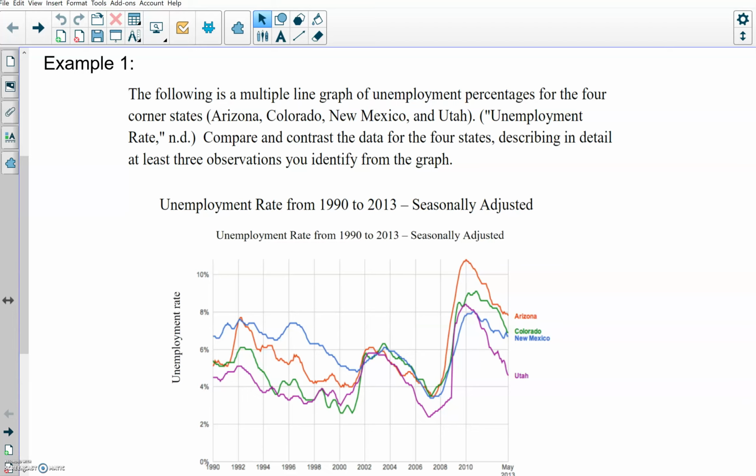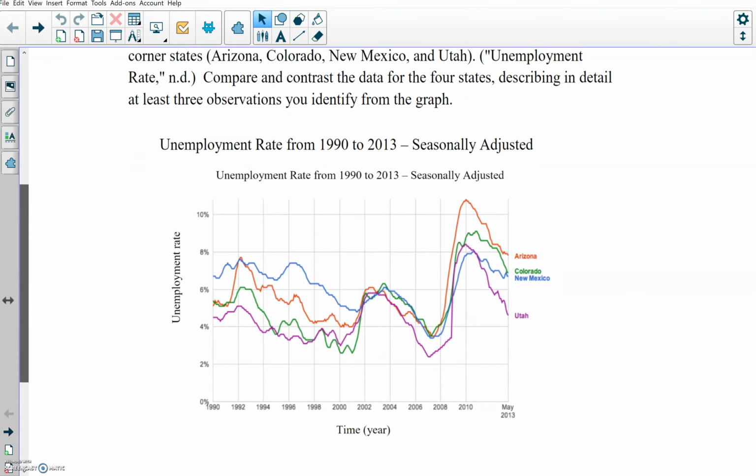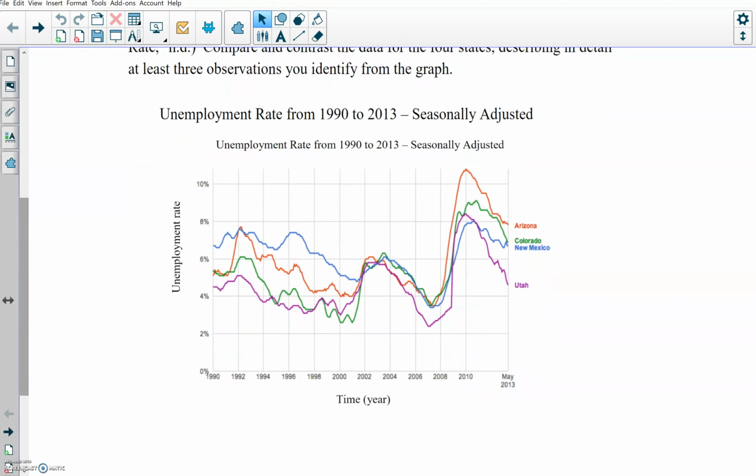I want you to compare and contrast the data for the 4 states, describing in detail at least 3 observations that you identify from the graph. So I do want you to pause and look at what you're seeing there and think about at least 3 things to describe the data.